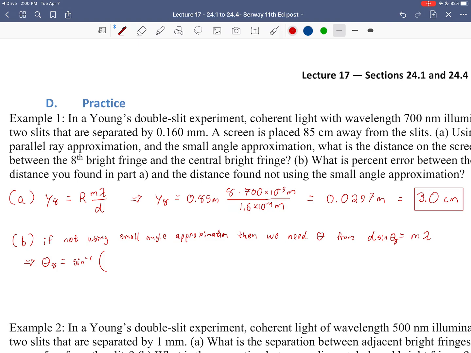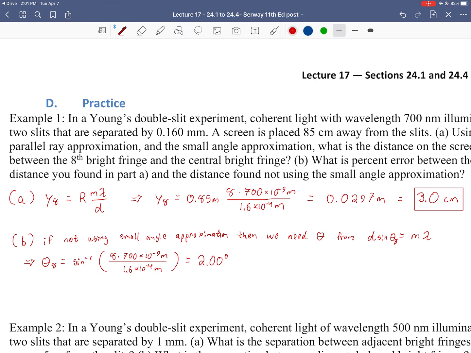In that case, we'd solve for theta 8, because it's the 8th bright spot. That's just going to be sine inverse of 8 times 700 times 10 to the negative 9 meters, all over d, d just being our 1.6 times 10 to the negative 4 meters.